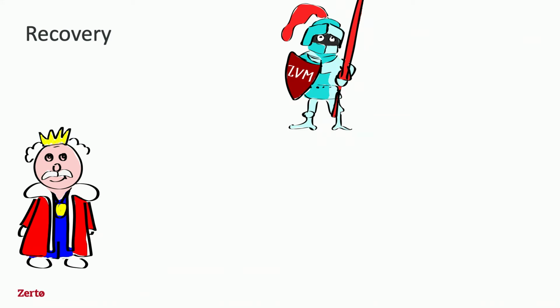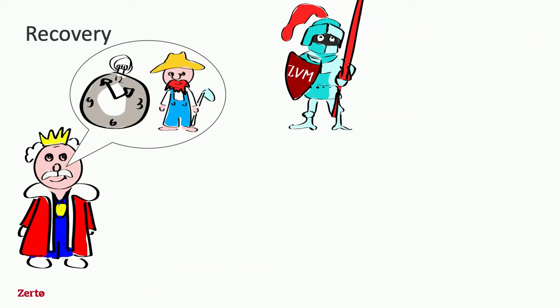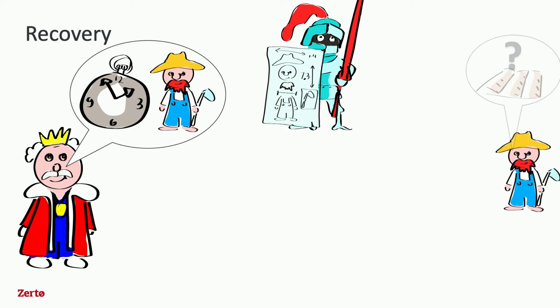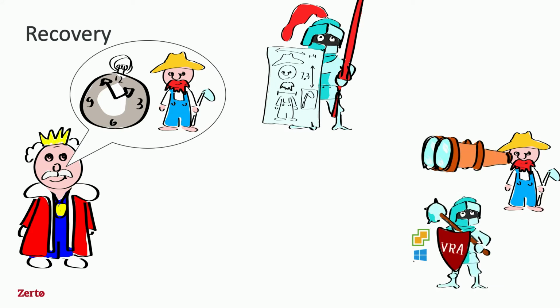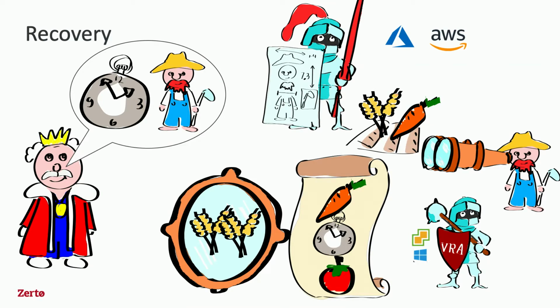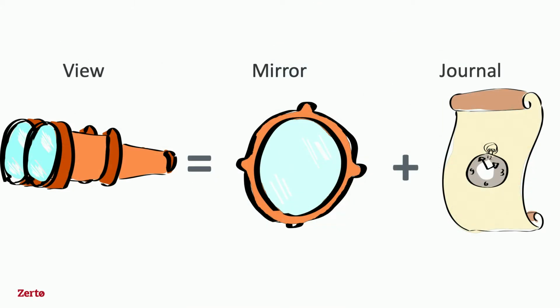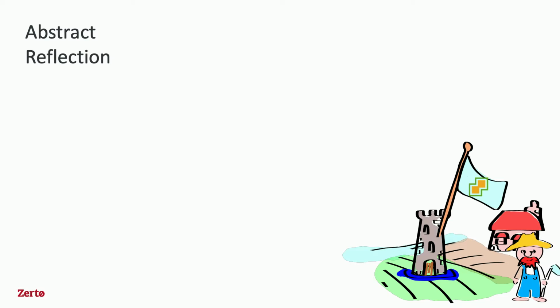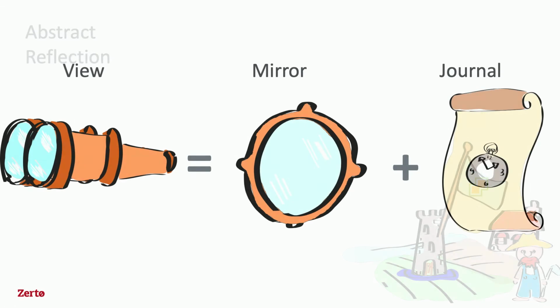And the view is actually composed of both the mirror and the journal, right? So if the gray checkpoint was selected, we know we need to give all the information from the mirror overridden with the information from the journal until that checkpoint, which in this case would be the cart, right? So the view the VM will see will be the width from the mirror and the cart from the journal.